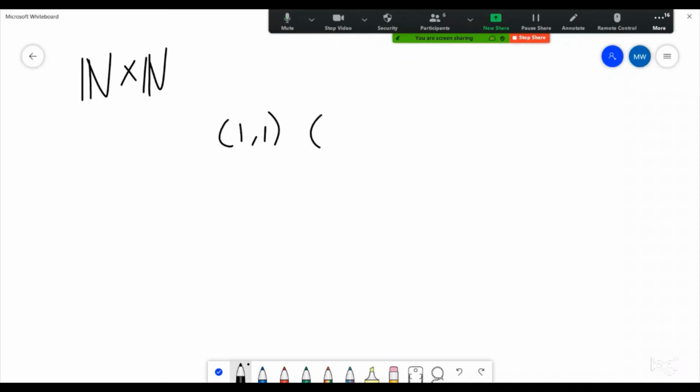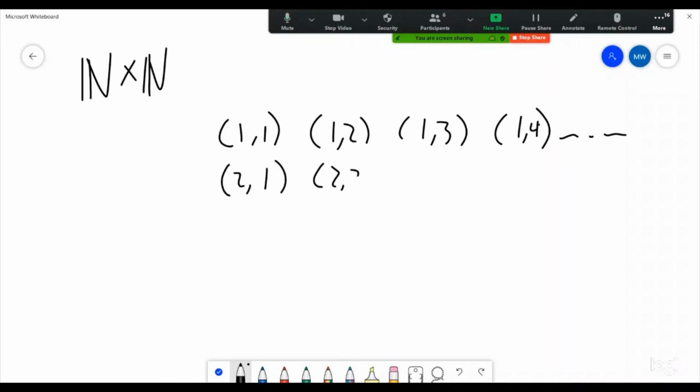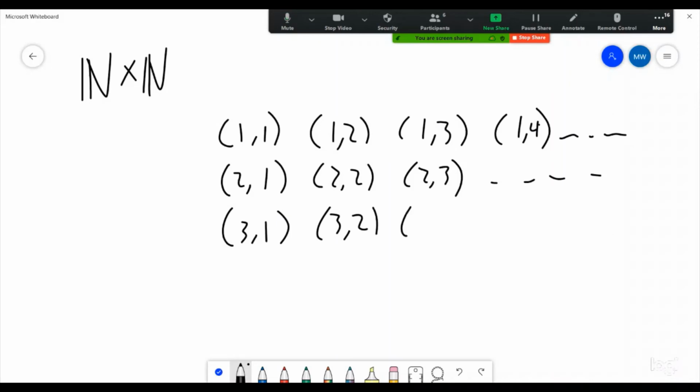So we have 1,1, 1,2, 1,3, 1,4, so on. Then we have 2,1, 2,2, 2,3, 3,1, 3,2, 3,3, and so on. And then we just keep going along the same sort of pattern, infinitely far in every direction.